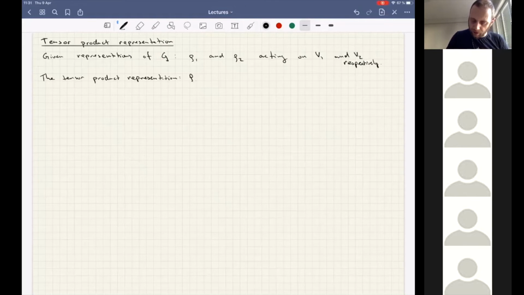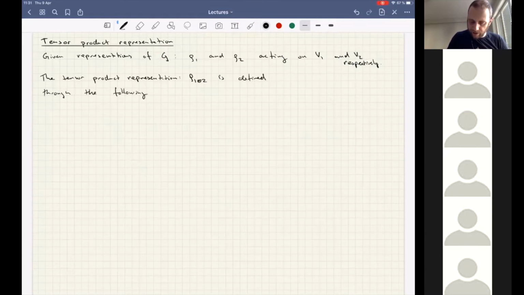which I'm going to write rho 1 tensor product rho 2, is defined by defining the action on tensor products of vectors in V1 and V2. So sort of the following.